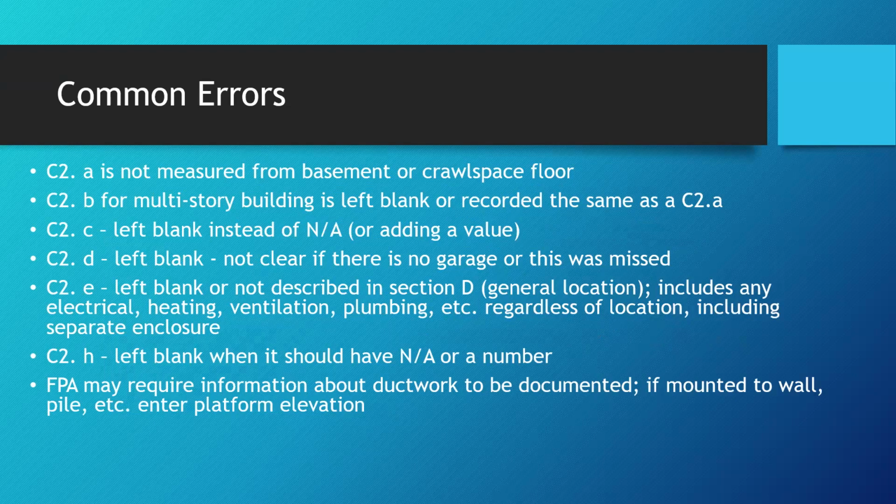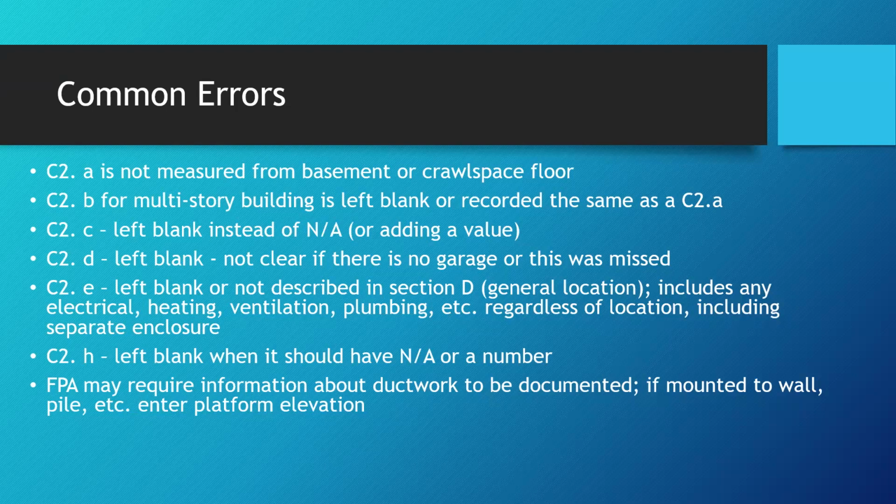So some common errors that we've seen before, not on the new form just yet because it just came out, but historically, if C2A is not measured from the basement or crawl space floor, they might be using the living floor instead of that lowest enclosed space. C2B for a multi-story building is left blank. You know, in the next higher floor, there should be a number there, or it's recorded as the same as C2A.